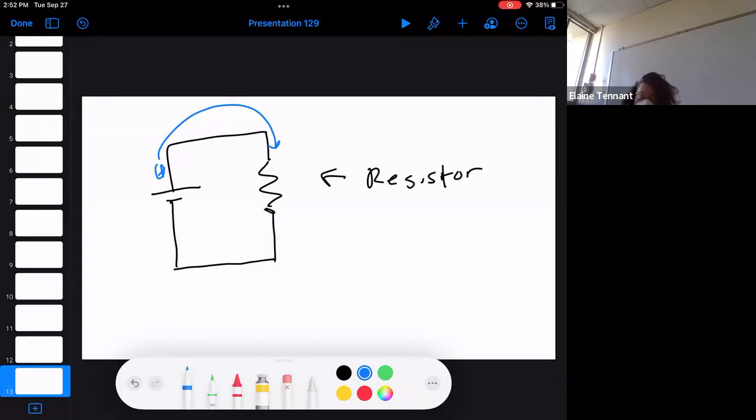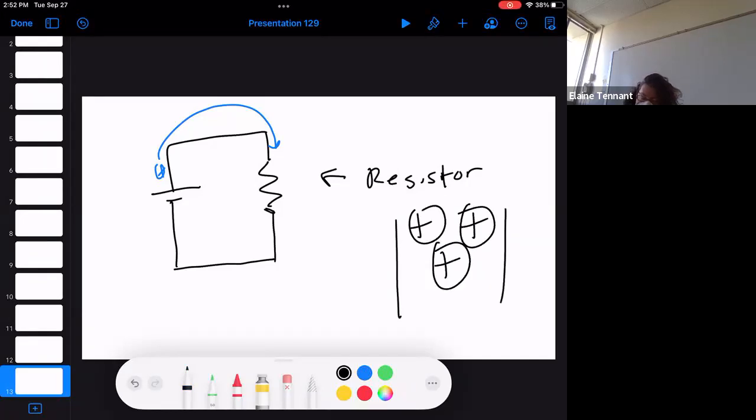And this resistor is a type of material that is much more densely packed, or has some physical mechanism that makes charge difficult to get through. So your little electrons will have trouble getting through this. It'll take them a longer amount of time.